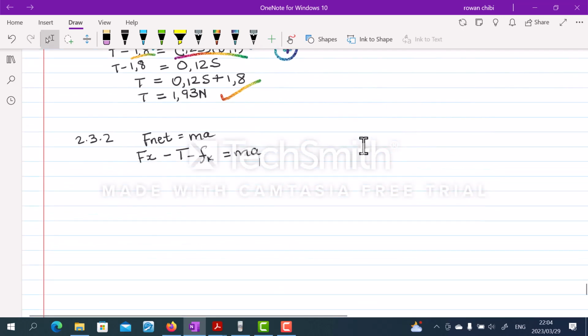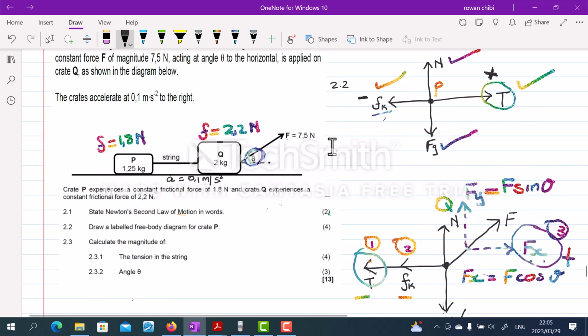And then we substitute now. The formula for F of x is F cos of theta, minus the tension, minus the frictional force. Remember, the value for the frictional force they gave us is 2.2 newtons.